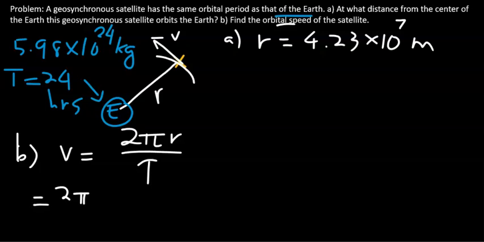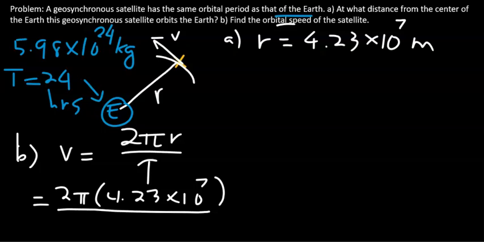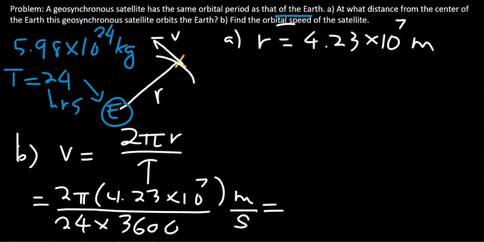We have computed that in part A, 4.23 times 10 to the power 7 meters. The period is 24 hours, so again changing that into seconds by multiplying that with 3600, and you get this orbital speed in meters per second, and the answer is 3076 meters per second, and that solves the problem.